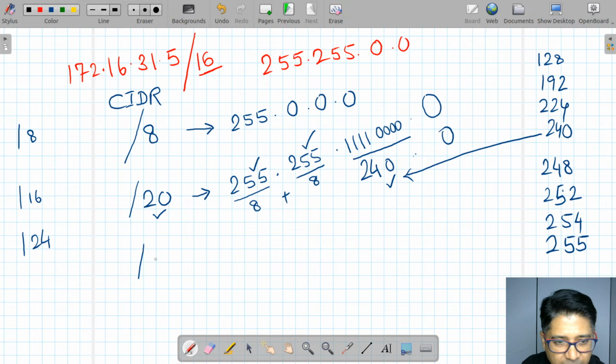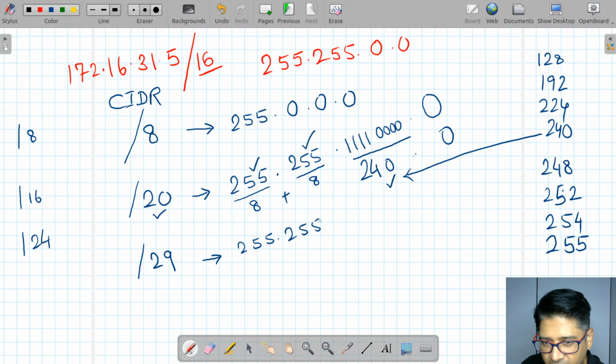Mohini, if I give you /29, what will be the value? Up to 24, we should not think about anything: 255.255.255.